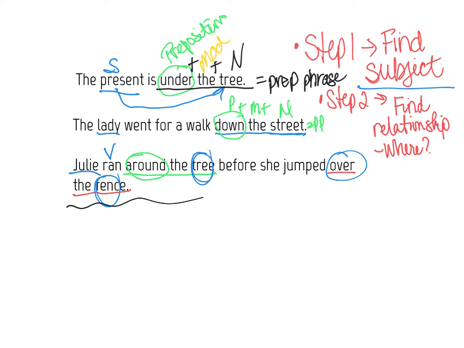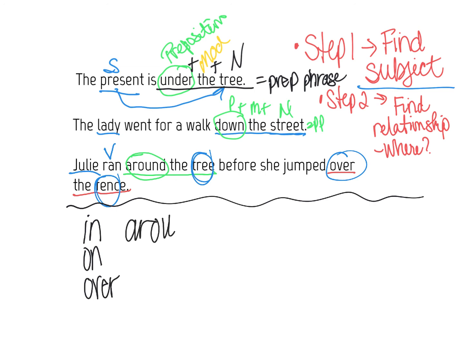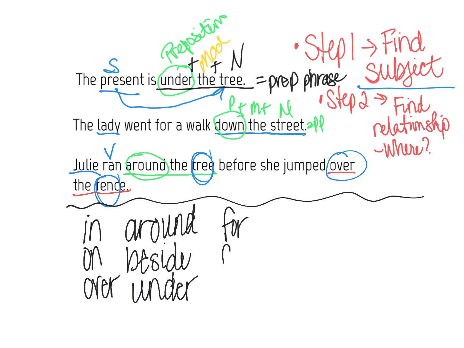All right, so I'm just going to write them here underneath. So you have words like in, on, over, around, beside, under, sometimes for, sometimes from, sometimes of, sometimes it might be outside, it might be by the trash can on the side of the road.